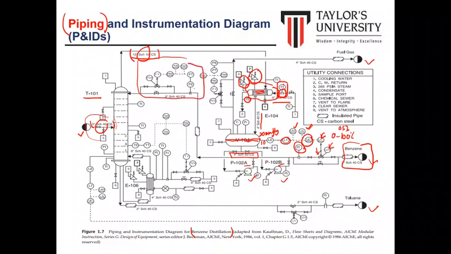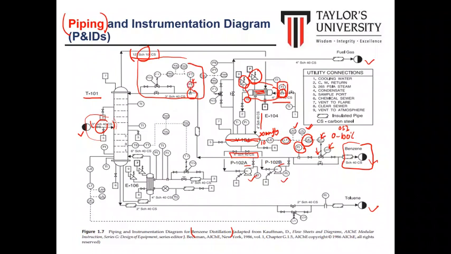So you can see here, this is maybe the type of flow transmitter. For example, we use the orifice meter. We mounted the flow transmitter with the flow element here.